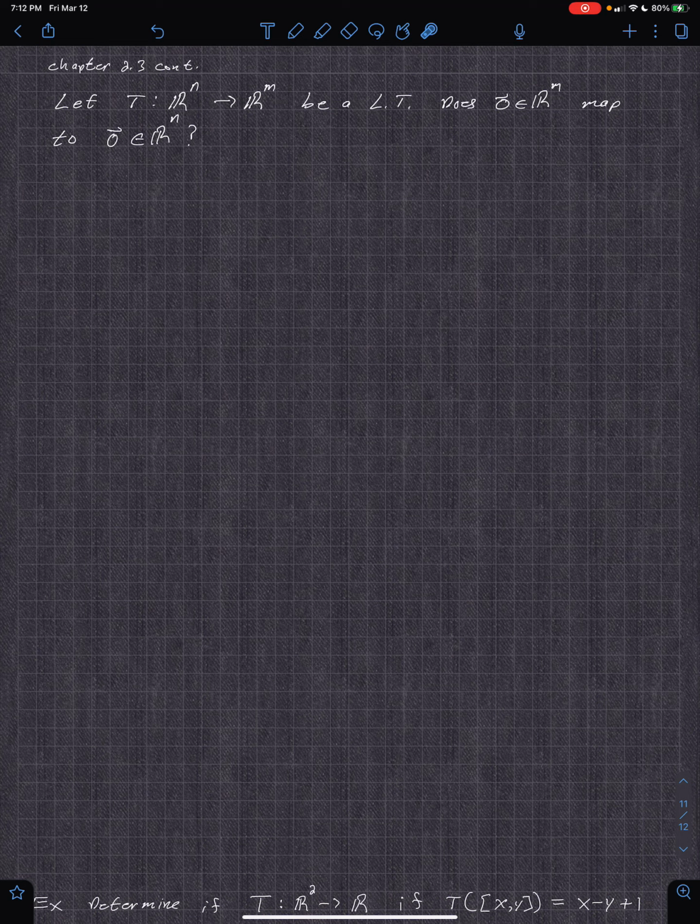Let's suppose T is a linear transformation. And the question is, does 0 map to 0? So 0 in R, and let me change that.